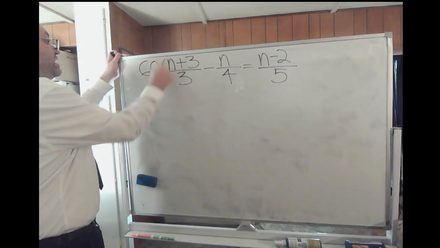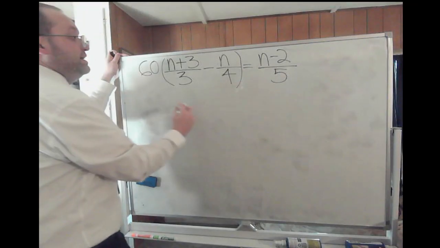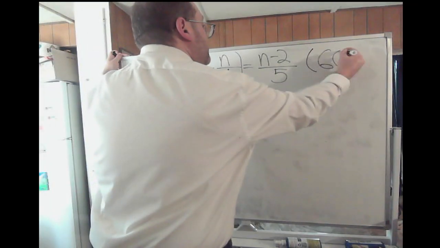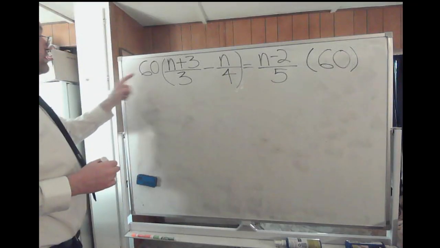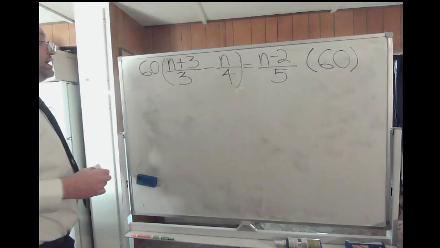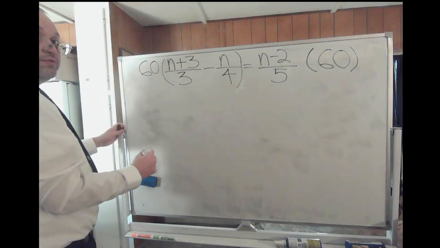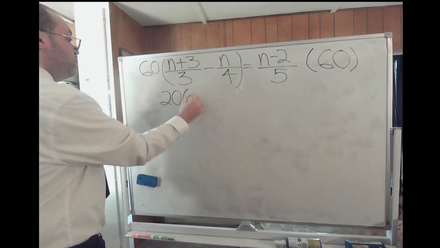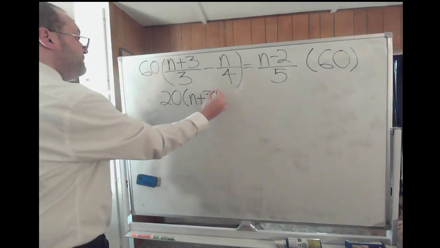So you multiply both sides by 60. So let's go ahead and do that. First term, you have 60 times n plus 3 all over 3. Well, 60 divided by 3 is 20, so you'll have 20 times the quantity of n plus 3.